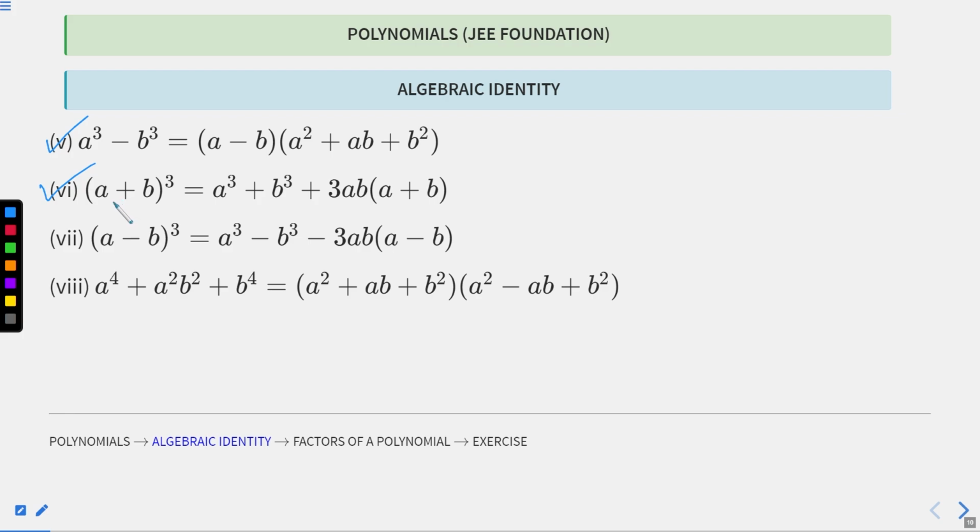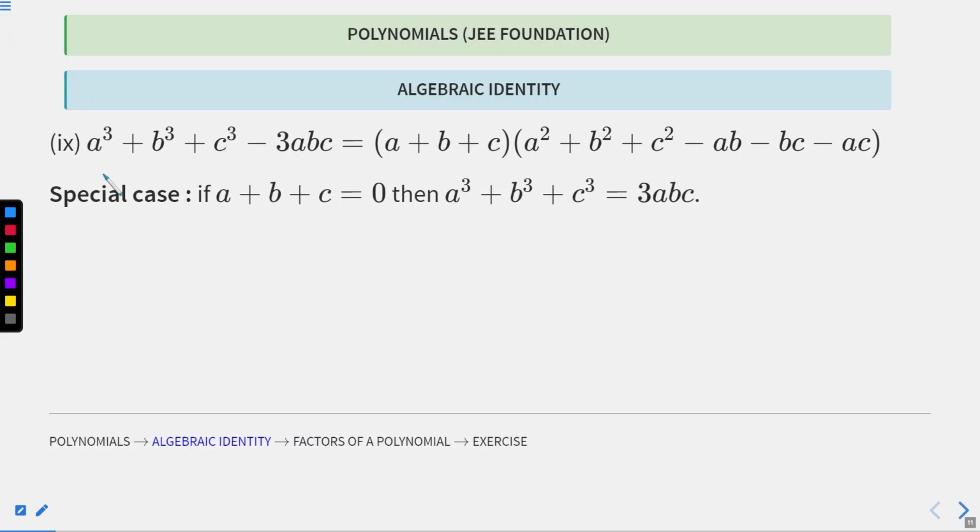Sixth, (a + b)³ = a³ + b³ + 3ab(a + b), and then (a − b)³ = a³ − b³ − 3ab(a − b). Now the eighth one is a⁴ + a²b² + b⁴ = (a² + ab + b²)(a² − ab + b²).